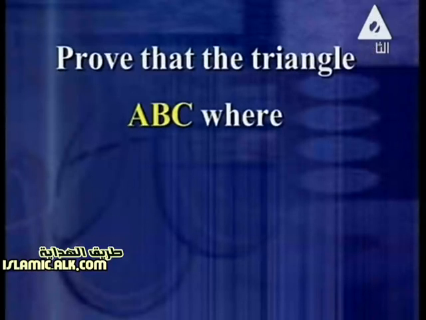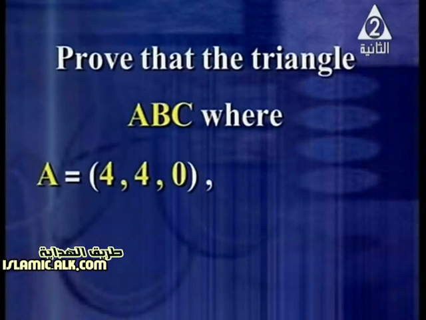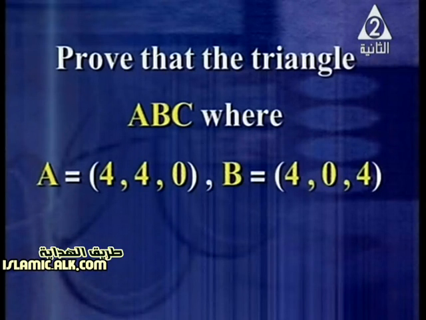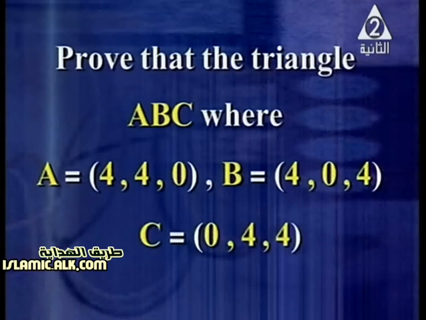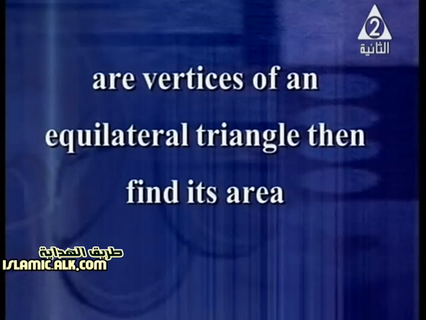Prove that the triangle ABC, where A equals (4, 4, 0), B equals (4, 0, 4), C equals (0, 4, 4), are vertices of an equilateral triangle, then find its area.